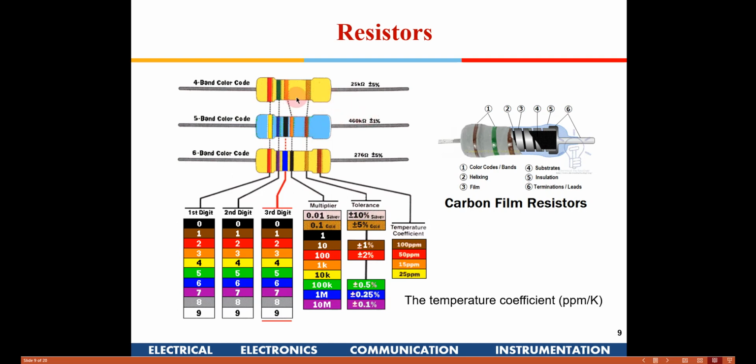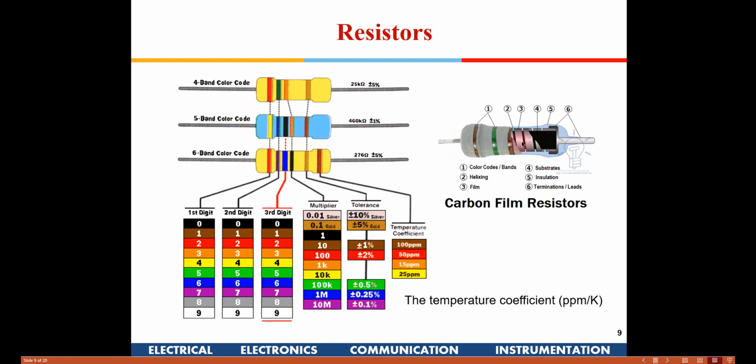Now, it's not that a 1K resistor will be small and a 10K resistor will be big. They all are generally of the same size, which we will understand from the construction. How are these resistors constructed? You will have a core onto which there is a carbon strip in a helical manner.